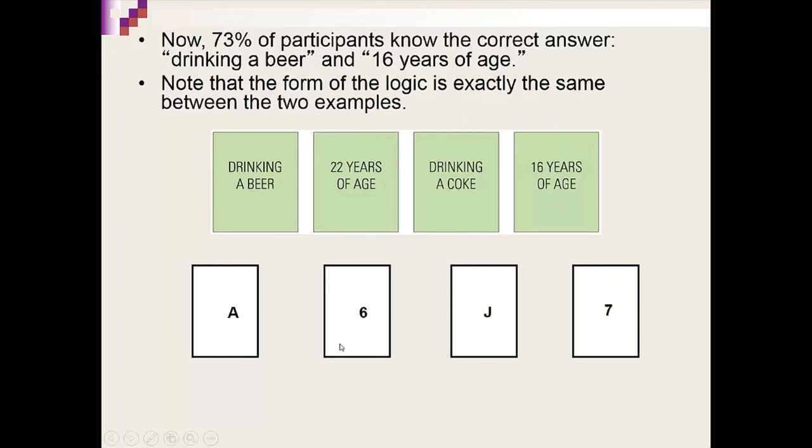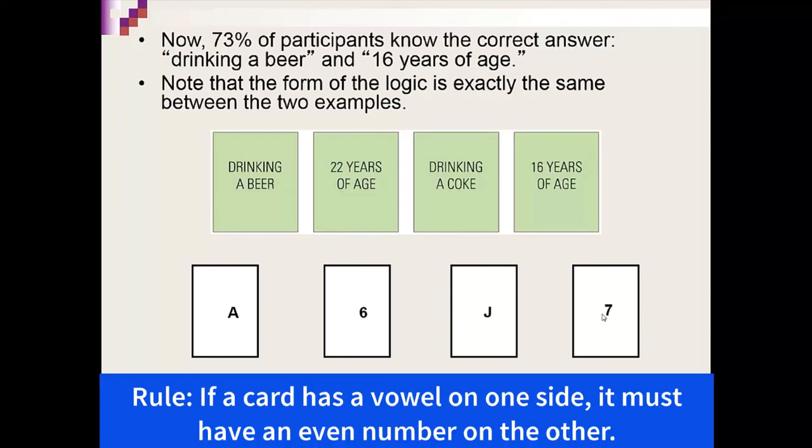Turns out that the 4-card problem with the letters and numbers is really analogous. It's very much the same between these 2 examples. So a lot of us, when we get to the 4-card problem, when it's just letters and numbers, we correctly figure out, okay, if the rule is if there's a vowel on one side, the number on the other side must be an even number, we pretty quickly figure out that, okay, we better check this A card to make sure there's an even number on the other side.